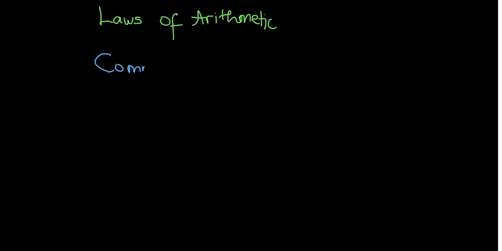So commutative. Is there not a faster way to write? Commutative. I'll put associative next, because we usually learn it like that. Associative. And then distributive. So anybody want to tell me what they remember about the commutative law?